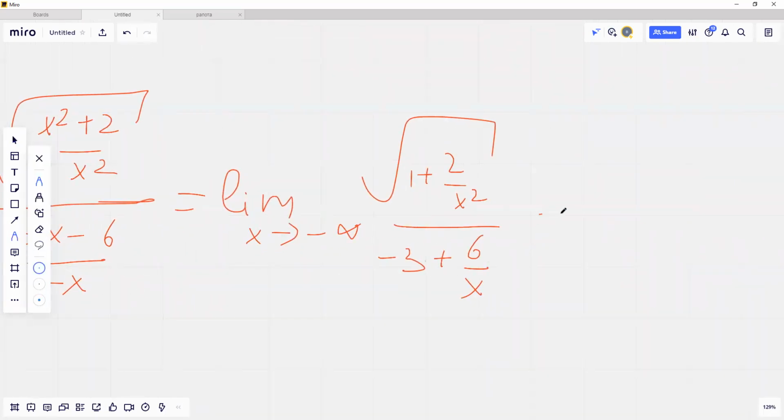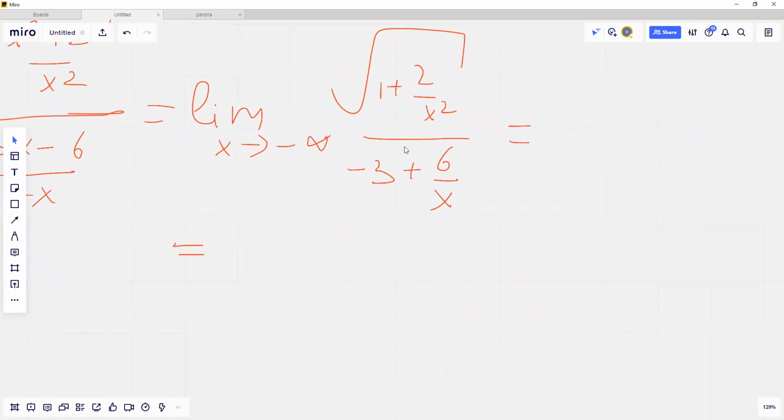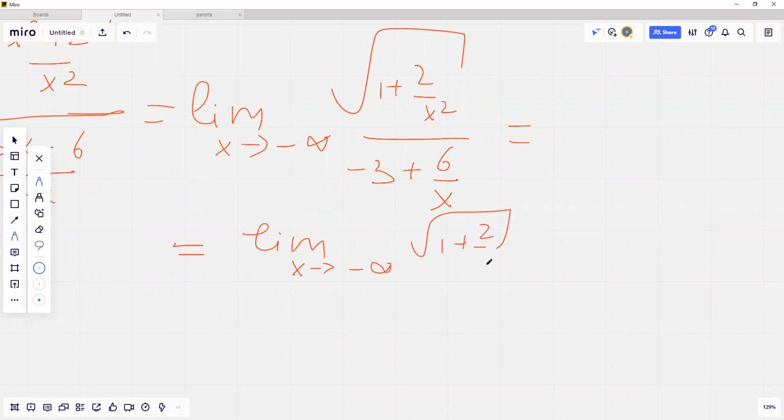Now here we can use limit laws, since the limit of the function in the numerator exists and the limit of the function in the denominator also exists as x decreases without bounds. So we'll end up with limit as x goes to minus infinity of root of 1 plus 2 over x squared divided by limit as x goes to minus infinity of minus 3 plus 6 over x.